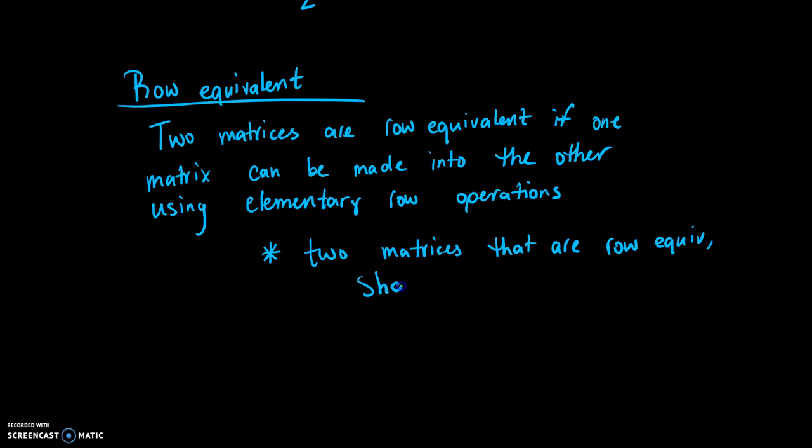They share the same solution set. Now this just isn't one solution. Alright, this is the entire set of solutions. This is all the solutions. Now, that can technically be no solution. It could technically be one solution, and it can also be infinitely many. Alright, so that's the important thing about row equivalency.